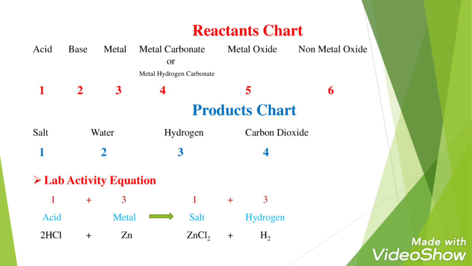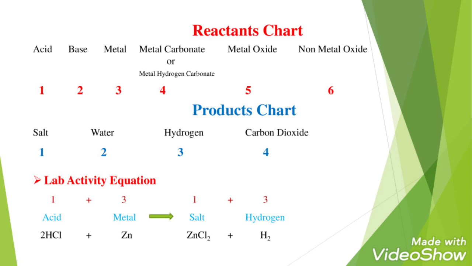Let us see an example, the lab activity equation. Acid plus metal gives rise to salt plus hydrogen. Acid is number 1 in the reactants chart, metal is number 3, giving rise to salt.